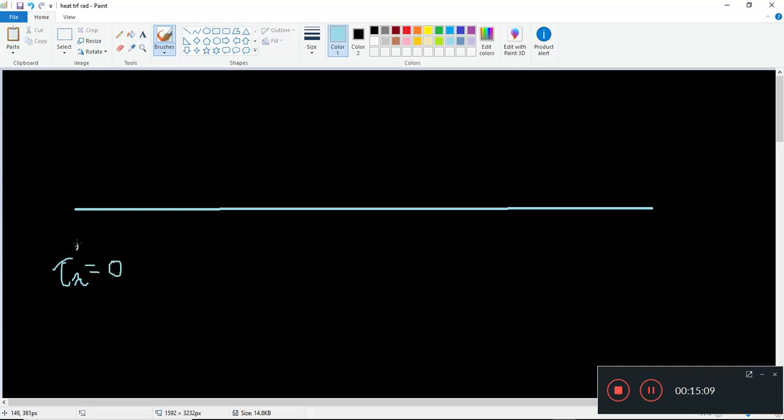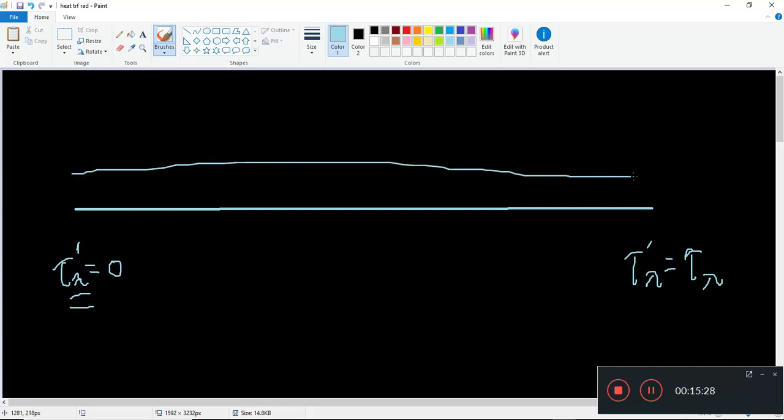Here I use tau lambda prime to indicate the variable optical thickness. And over here, I'll use tau lambda prime equals tau lambda. When I say tau lambda here, I'm referring to the actual optical thickness of this whole thing. This is tau lambda.